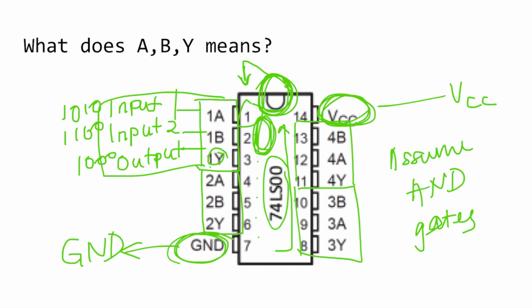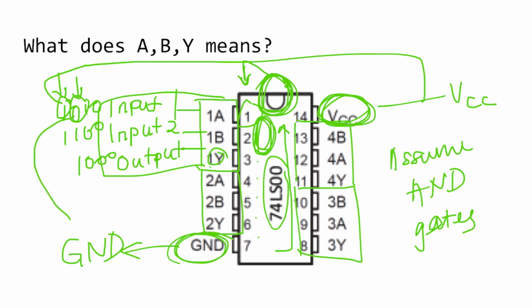You might want to know how to specify 1 and 0 on the circuit. 1 is VCC, and 0 means connecting to ground.